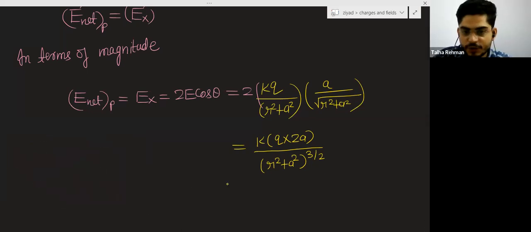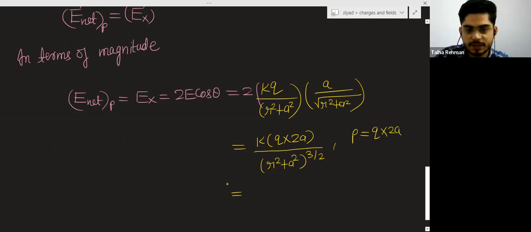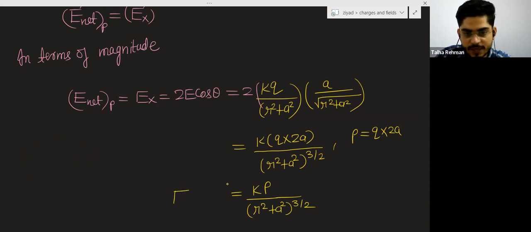So we know that q into 2a is equal to p. P is equal to q into 2a. So just write here kp divided by r square plus a square to the power 3/2. This is the net electric field at point P, and this is also known as electric field at the equatorial point.